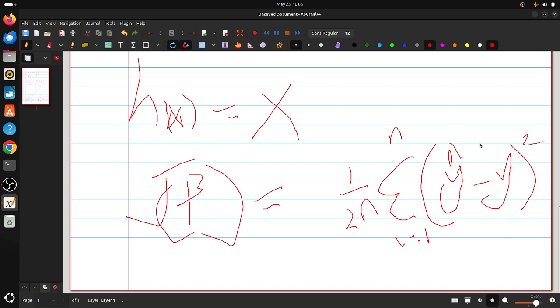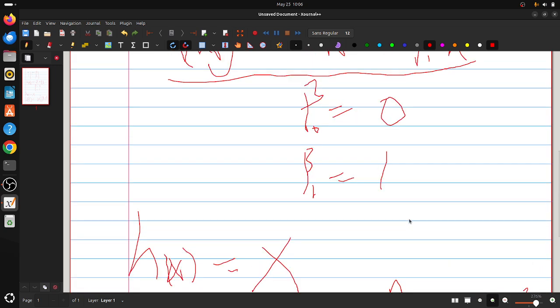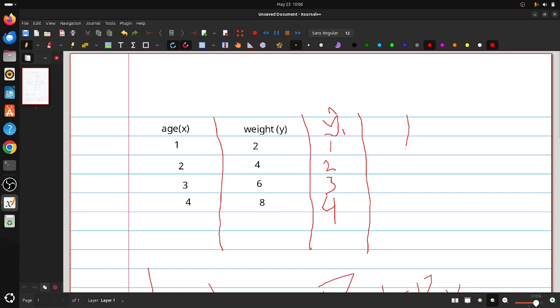So let me make a column here, the predicted value minus the true value. The predicted value is 1 minus the true value, which is 2, so it will be negative 1. This will be negative 2, this will be negative 3, and this will be negative 4.